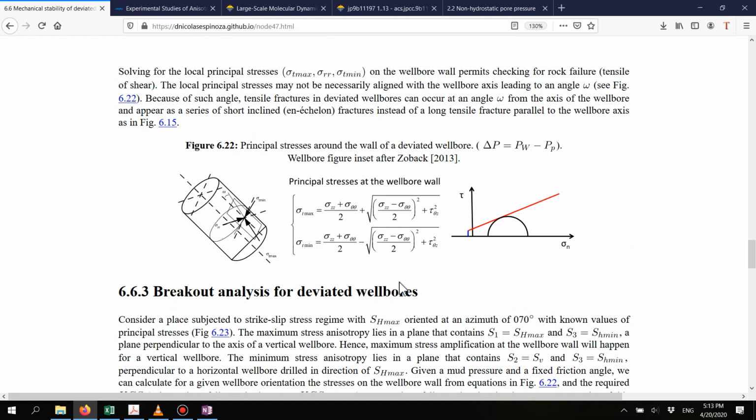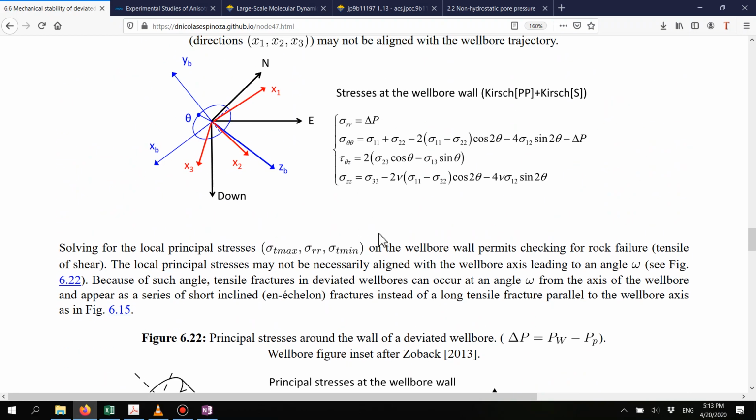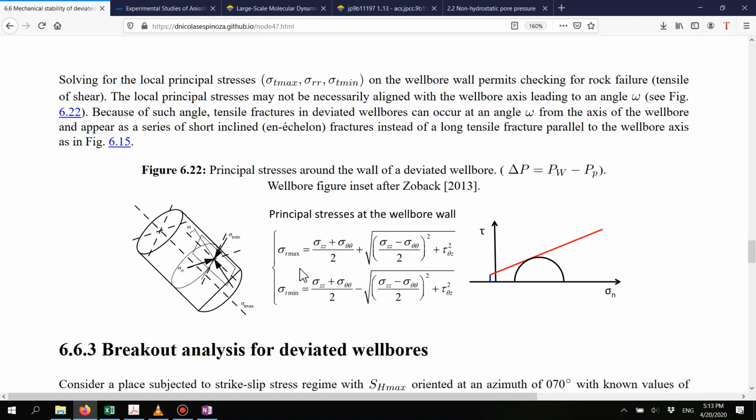And after you do that, because of this additional shear stress, it turns out that our local principal stresses are not going to be necessarily aligned with the direction of the axis of the wellbore and the tangential direction.